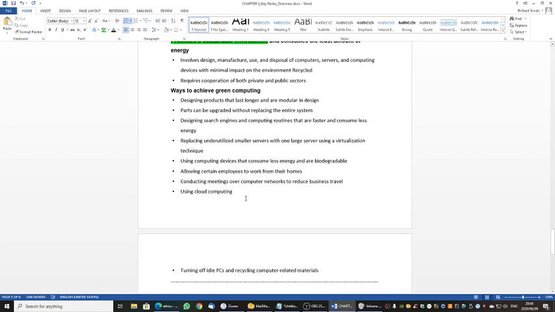And just in brief, we design products that last longer. We design parts that can be upgraded without replacing the entire system. We design search engines that are faster and consume less electricity. You would be surprised at how much electricity the internet uses. You replace small servers with larger ones.